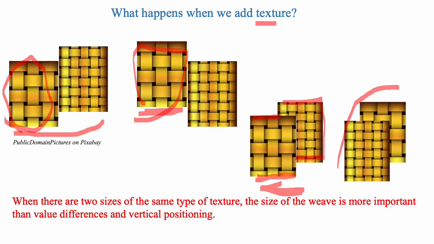But when we do this, then it's hard to know what's going on. This back texture must actually be bigger than the one in front. So when there are two sizes of the same type of texture, the size of the weave is more important than value differences or vertical positioning.